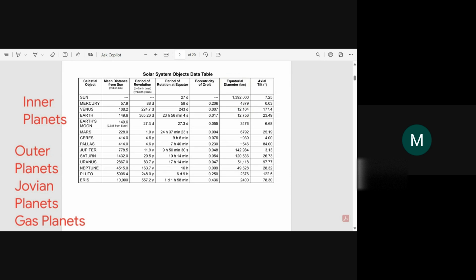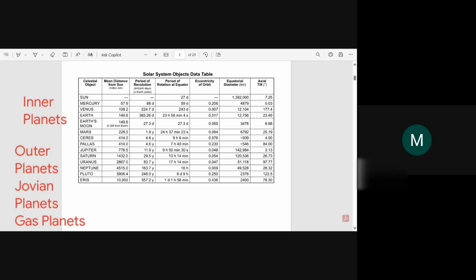Depending on the questions or how they're asked, the key words you would look out for are: mean distance from the sun, period of revolution, period of rotation, eccentricity of an orbit, and so on. If there are questions that mention these terms, take a look in the reference table.